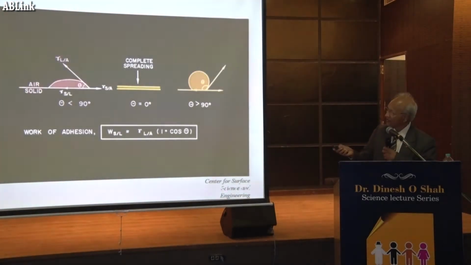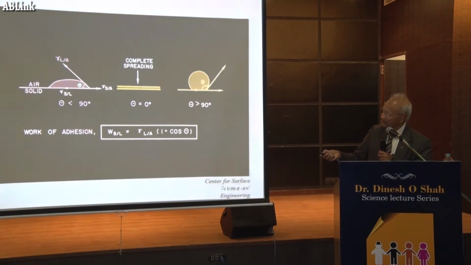And last thing is this contact angle and wettability, very important concept. If you put Teflon, a drop of water on Teflon, it will rest like this. If you put it on an ordinary glass, it may be flattened out like this. And if you put on plexiglass, it may stay like this.